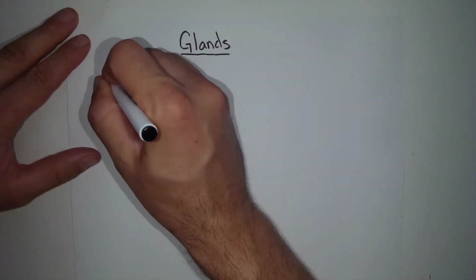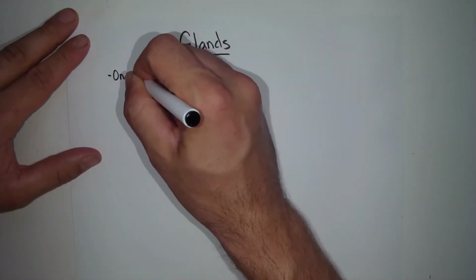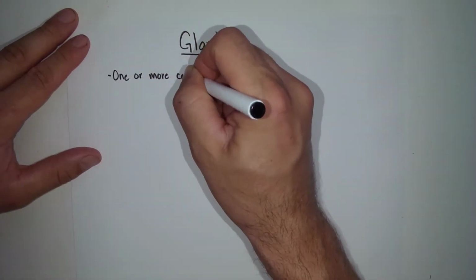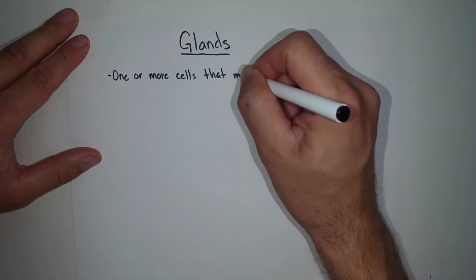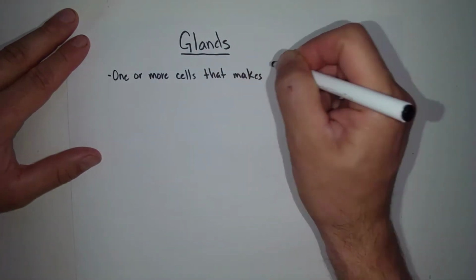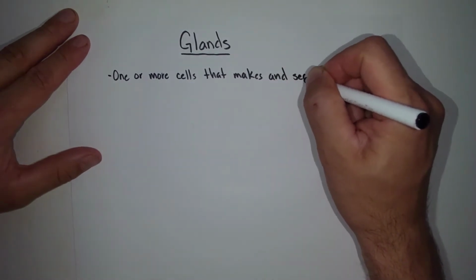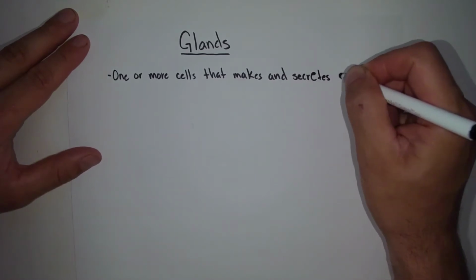So, a gland is one or more cells that make or makes and secrete or secretes a particular product.